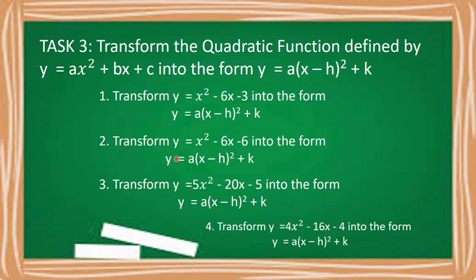Number 2, x squared minus 6x minus 6. Number 3, y equals 5x squared minus 20x minus 5. And number 4, y equals 4x squared minus 16x minus 4. Ita-transform natin ang ating quadratic function in the form of a times the quantity of x minus h quantity square plus k.